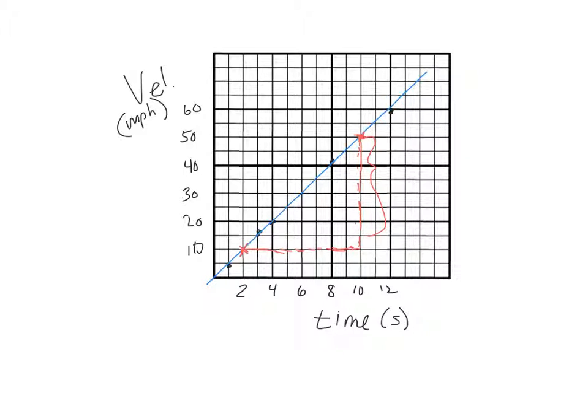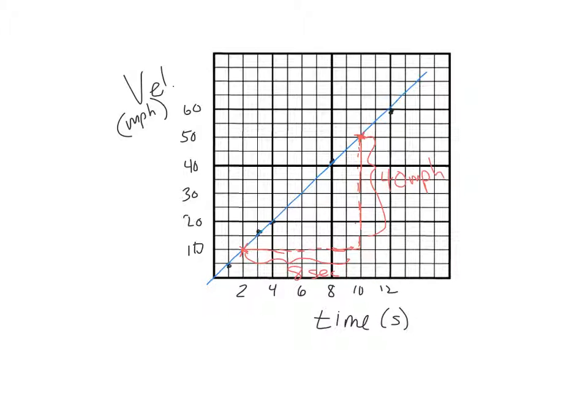A rise of 40 miles per hour. And then I've also got my run down here, and my run starts at 2, that's 2 seconds, and goes over to 10 seconds. So my run then is 8 seconds.